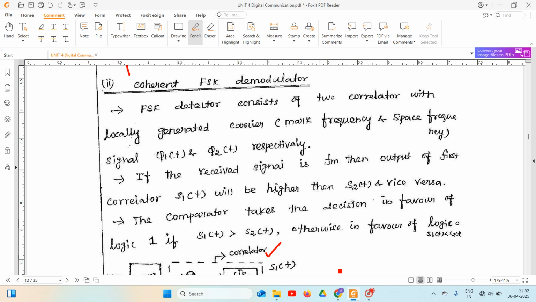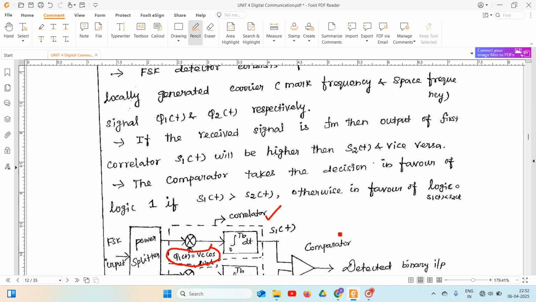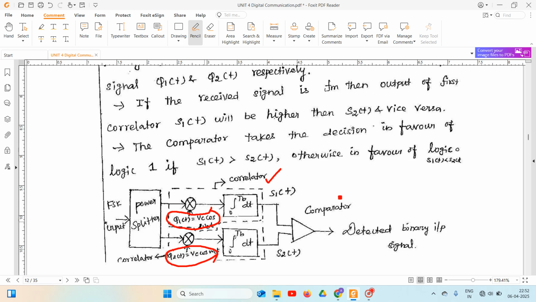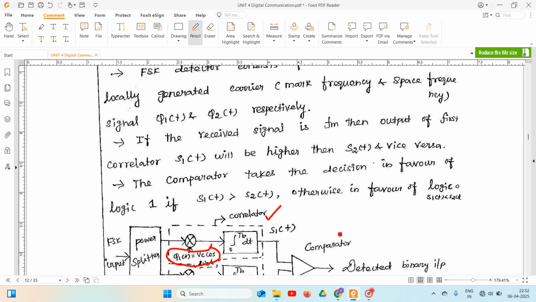So the FSK detector consists of two correlators with locally generated carriers. One locally generated carrier is the mark frequency, and the other is the space frequency. The output of each multiplier is given to the respective integrator.